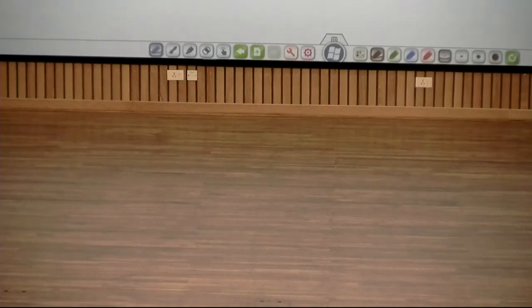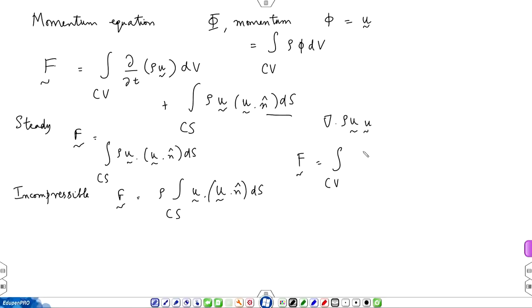And then rearranging terms, this will be u, well, there is no dot here, plus rho.